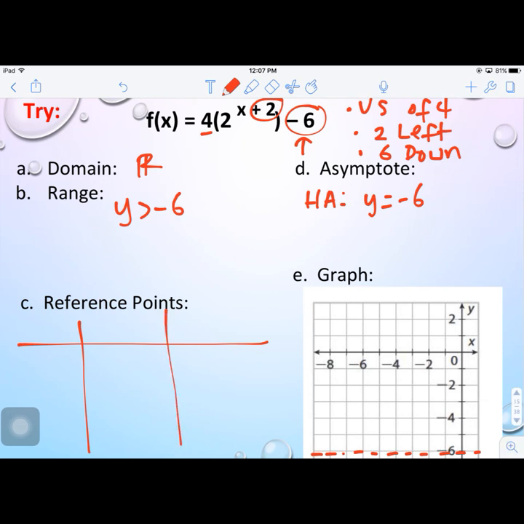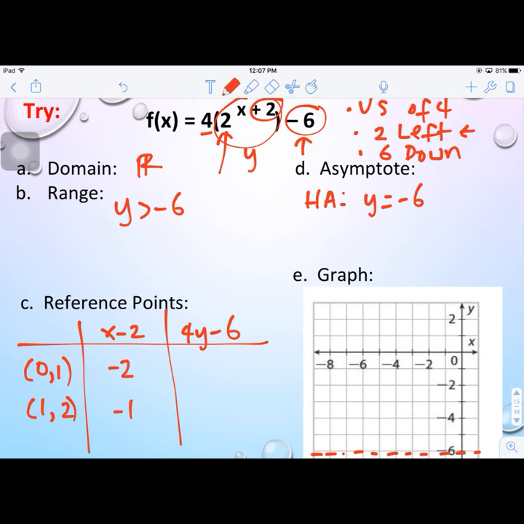For our x value, since we went 2 to the left, it's going to be x minus 2. And then we're going to have 4y minus 6 as our y reference. The reference points that we will use are 0, 1, and 1. The base is actually 2, so we're going to have 1, 2. And let's do the math. 0 minus 2 will be -2, and then 1 minus 2 will be -1.